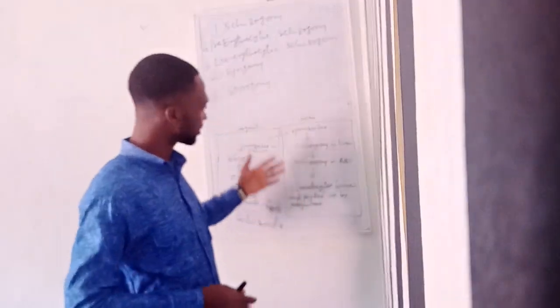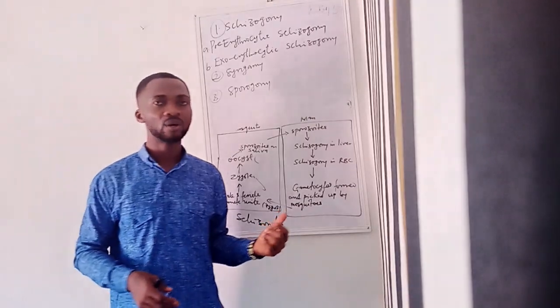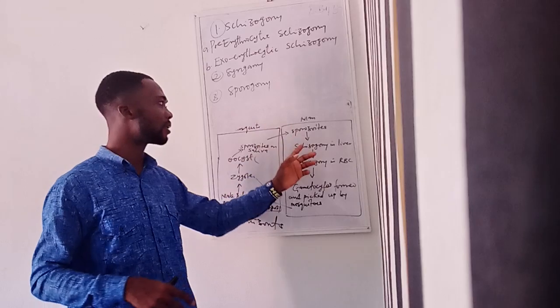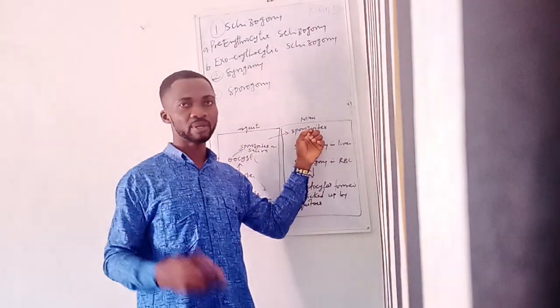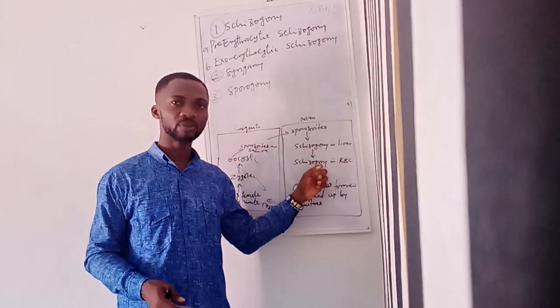In the previous class, I tried to explain the life cycle of Plasmodium falciparum, talking about the injection of the sporozoites by the vector, schizogony in the liver, schizogony in the red blood cell.